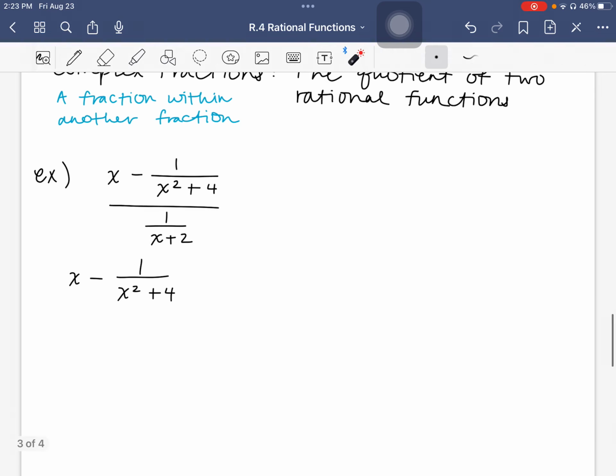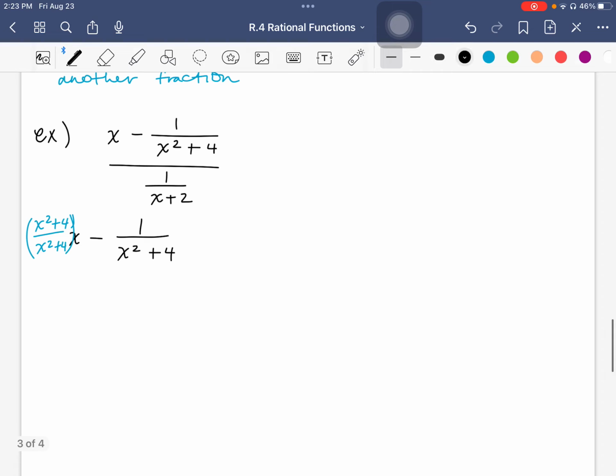So what we want to do to subtract these two is to get a least common denominator. And since this one, we're just dividing by 1 here, and we have this denominator here, all we have to do is multiply this guy by x squared plus 4 on the top and bottom. So we get x times (x squared plus 4) divided by (x squared plus 4) minus 1 over x squared plus 4.